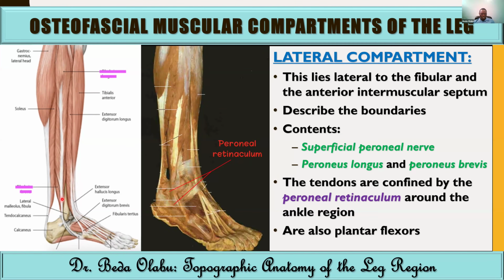The tendon of peroneus longus crosses the foot, and in as much as it's entering from this aspect, it will cross all the way to insert onto the base of the first metatarsal bone. So it will cross all the way there. And that's an important factor in maintaining a transverse arch of the foot. We'll discuss that when we reach the foot. The peroneus brevis inserts onto the base of the fifth metatarsal bone, just like the peroneus tertius.